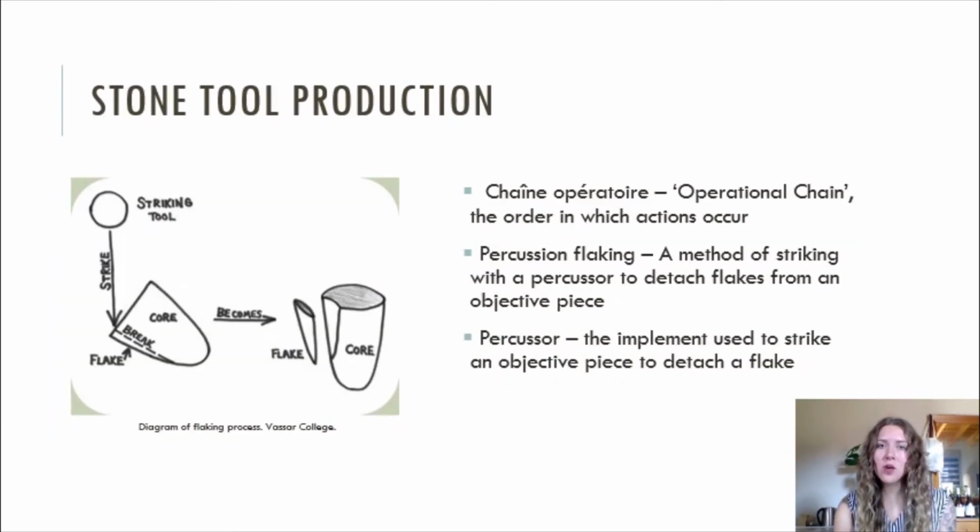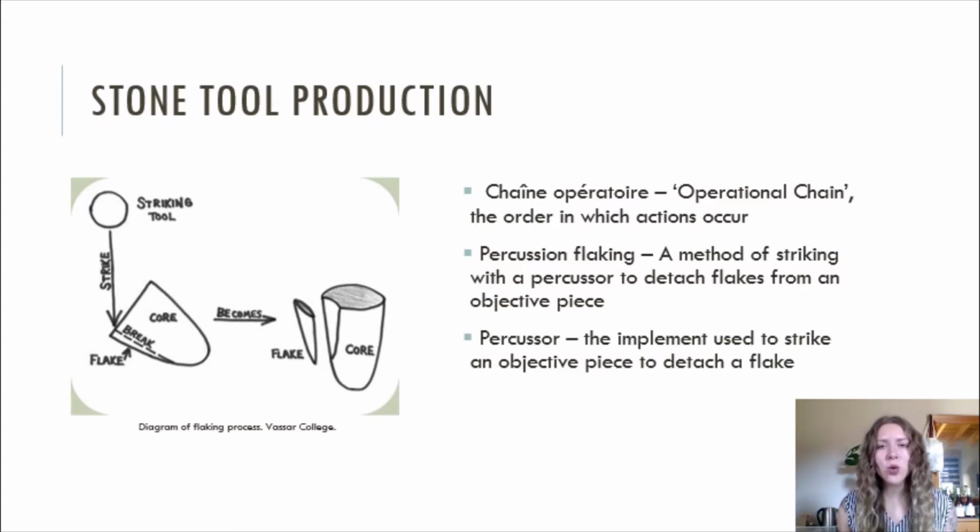As we talk more about stone tool production, another important concept is the mode in which it occurs. We'll be discussing this more next week when we go into flake morphology and different aspects of understanding stone tool production, but it's an important concept, so I just wanted to introduce it to you briefly and get you a little bit more familiar with these terms because we will continue to build on them through this course.